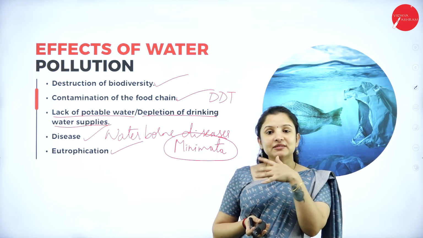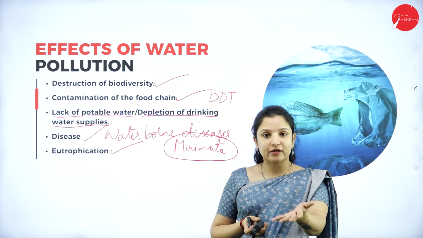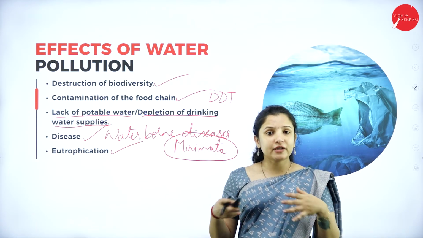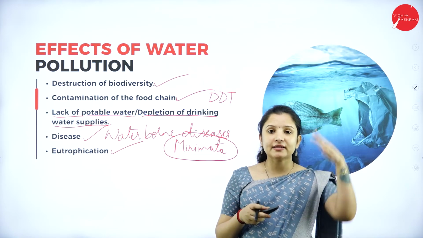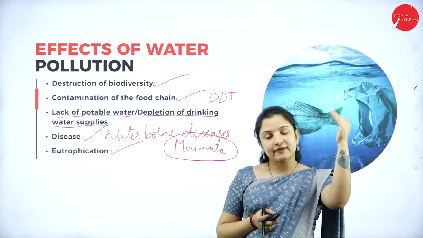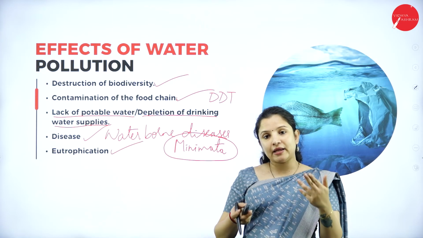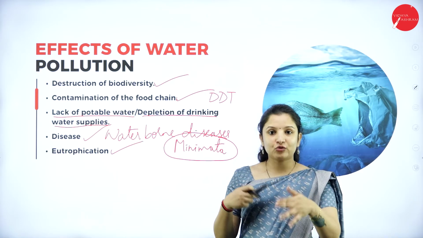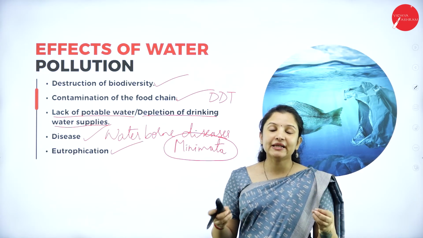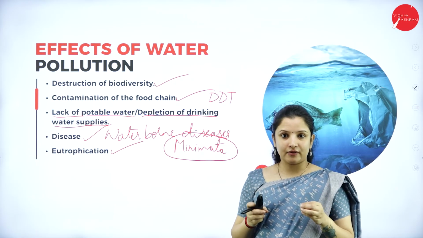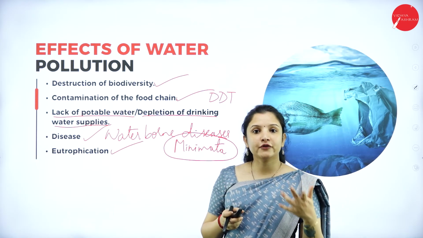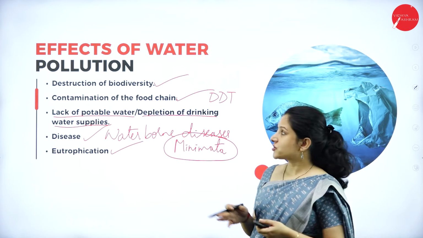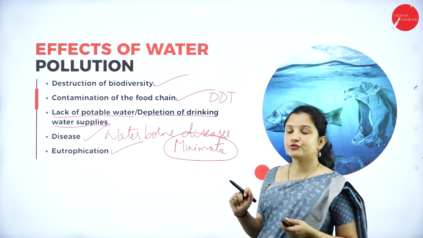And there, the algae, that is some of the aquatic plants, will get enough minerals to grow more. If they grow more and cover the entire lake, then the sunlight cannot penetrate into the lake. If the sunlight doesn't penetrate, then the organisms living in the lake will be affected. They will start to die and decay there, completely spoiling the lake and the river, making the fresh water not capable of being used anymore. So, that is nothing but eutrophication. That is how water pollution can cause eutrophication.